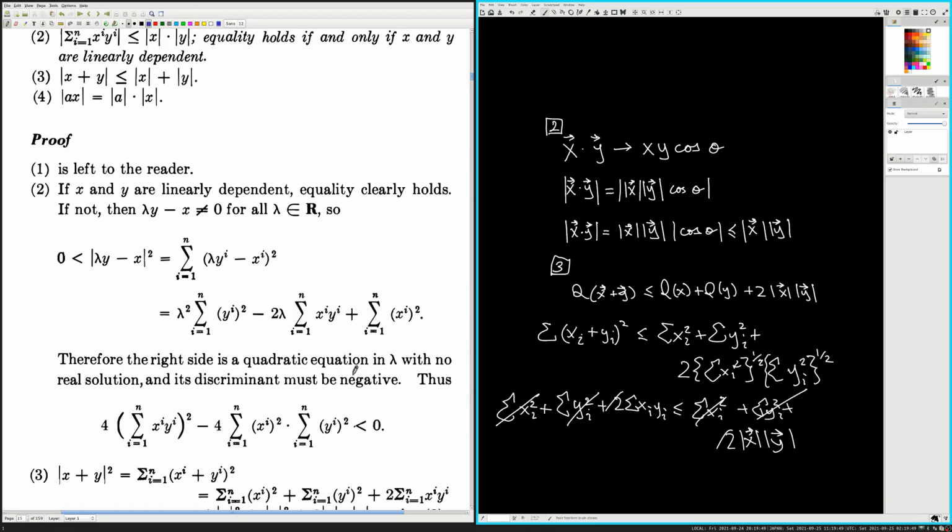Because this is always positive for every lambda, strictly positive, that quadratic equation has no real solution. And so its discriminant must be negative. I don't remember the logic with discriminants, but let's just accept that. Thus, the discriminant there is negative. And then you just move that over and you get the theorem.